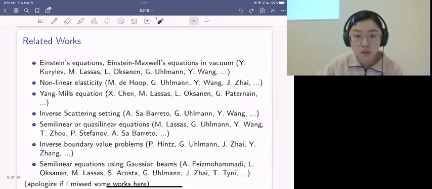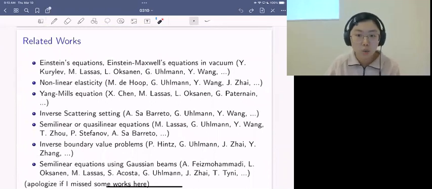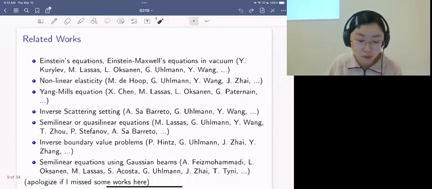There are many related works after this paper. One can consider some nonlinear equations which have applications in physics or geophysics, for example, the Einstein equations and Maxwell equations in vacuum.